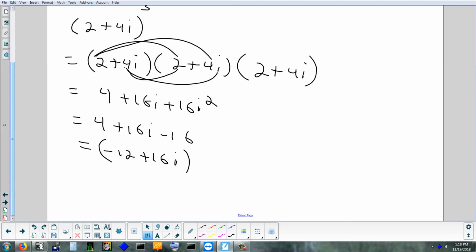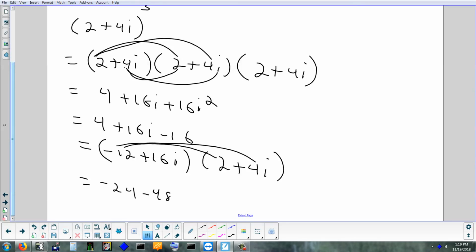And now we have one more on the end, and we have to do it one more time. And then we're done. So it's not awful, but it does take a little bit of time. Negative 12 times 2 is negative 24. Negative 12 times 4i is negative 48i. 2 times 16i is 32i.